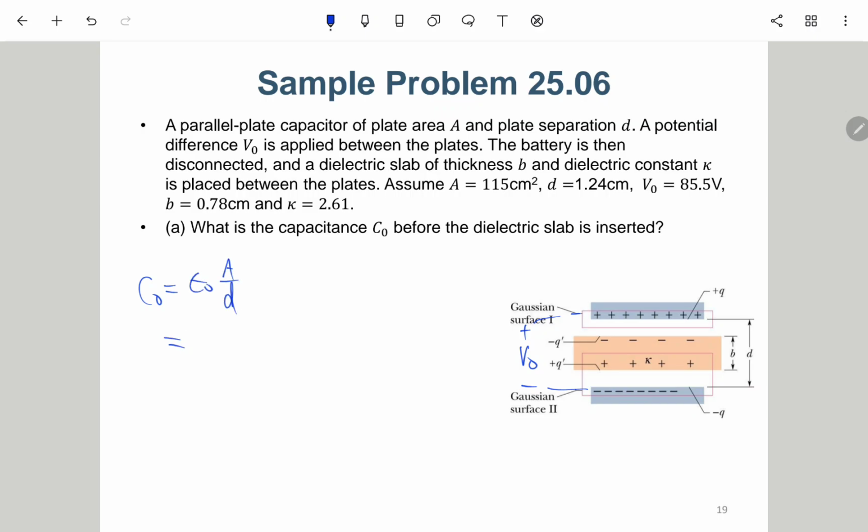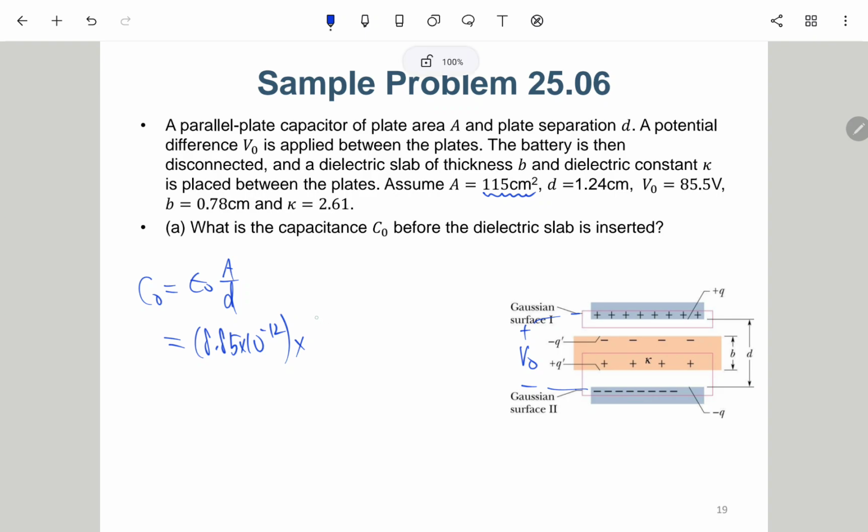Okay, so this is this question. 8.85 times 10 to negative 12, and then times, this is 115 centimeter squared. Okay, so you need to pay a little bit of attention. So yeah, this is centimeter squared. So we need to times 10 to negative 4 to become meter squared.